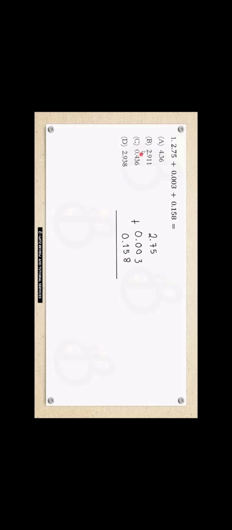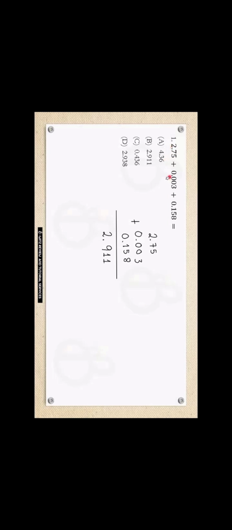But you can add them all together since the decimal points are aligned here, and we could get the final sum, which is 2.911.